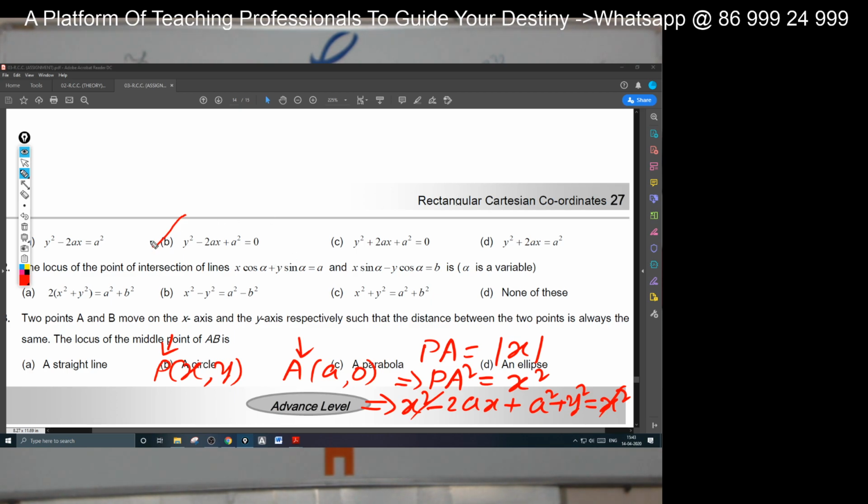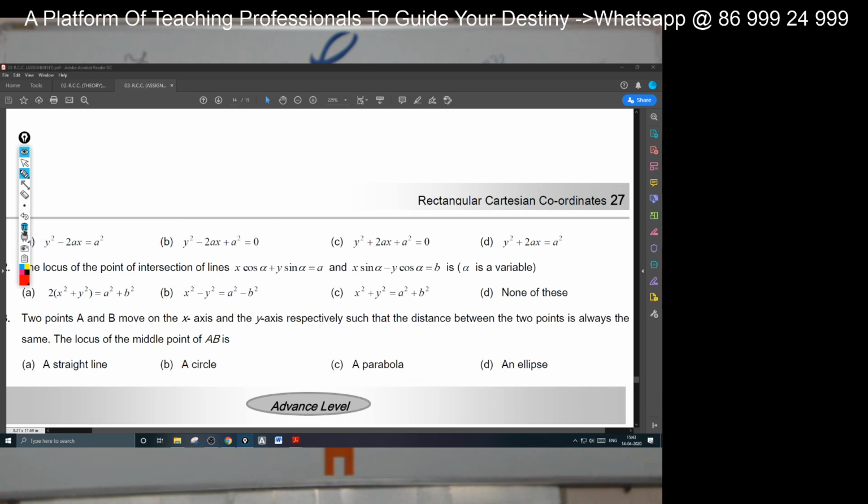See, unlike previous problems, this problem involves the elimination of alpha. So elimination of alpha gives you the locus.